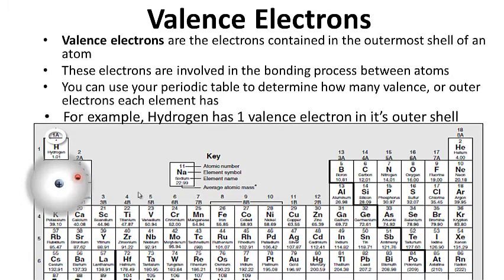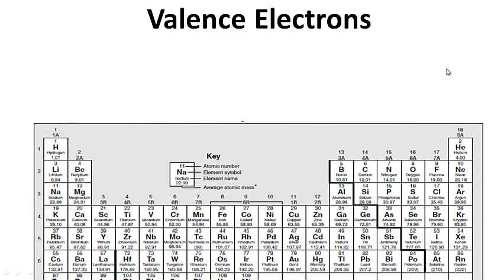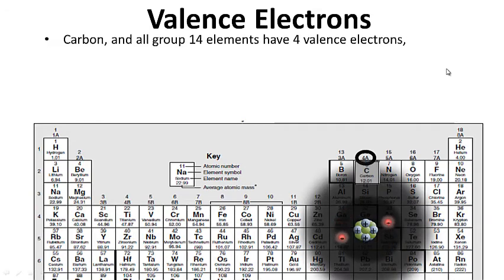Okay, for example, hydrogen has just one valence electron in its outer shell, and on your periodic table, the 1A tells you that it has one electron. Well, carbon and all group 14 elements have 4 valence electrons in its outer shell.